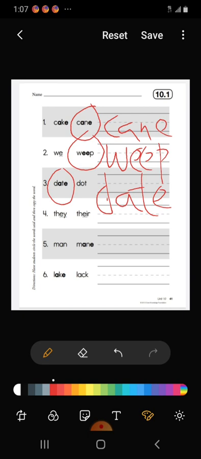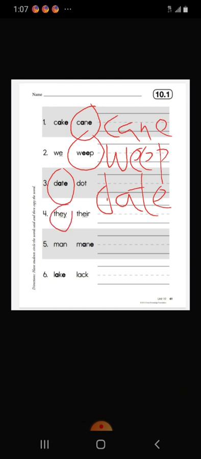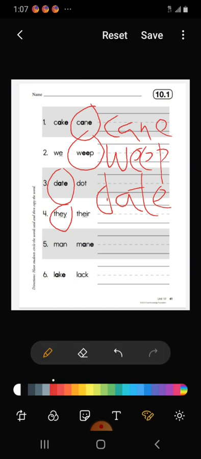They are also pronouns to identify more than one people. But in this instance, we are going to circle our day. We circled our day because it is more familiar to us and we use it often in our sentences.